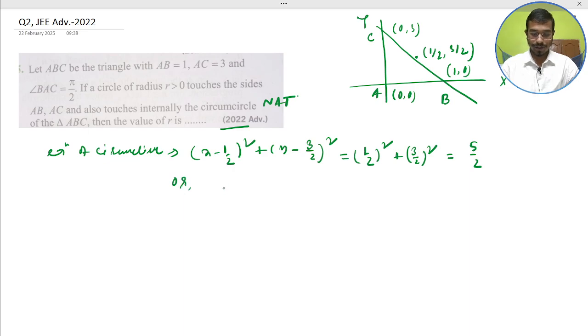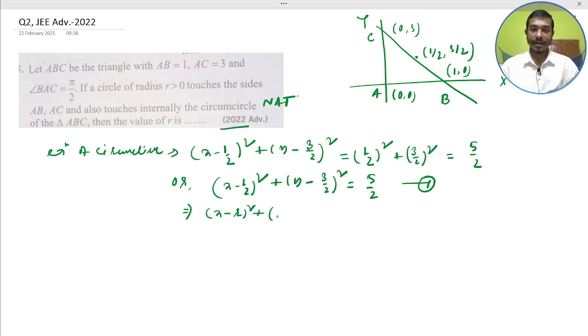Or the equation becomes (x minus half) whole square plus (y minus 3 by 2) whole square is equal to 5 by 2. Equation number 1. So the required circle touches AB and AC with radius r. That implies that (x minus r) whole square plus (y minus r) whole square is nothing but r square.